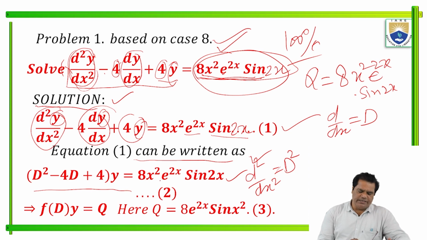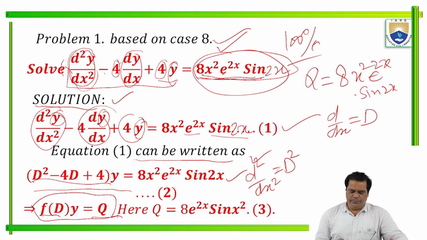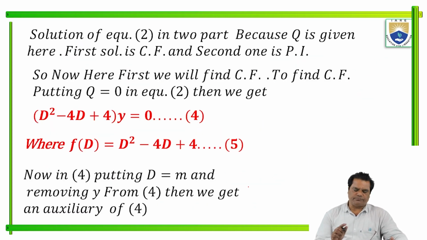Next, the general form is F(D) into y is equal to Q. This is equation 3, where Q is this function, not x square, here it is sine 2x, not x square, sine 2x. The solution of equation 2 is in two parts, because Q is given here.